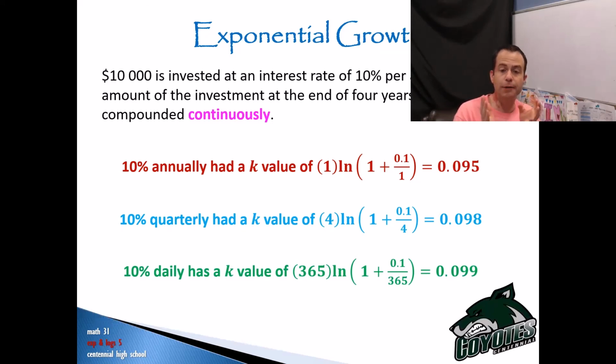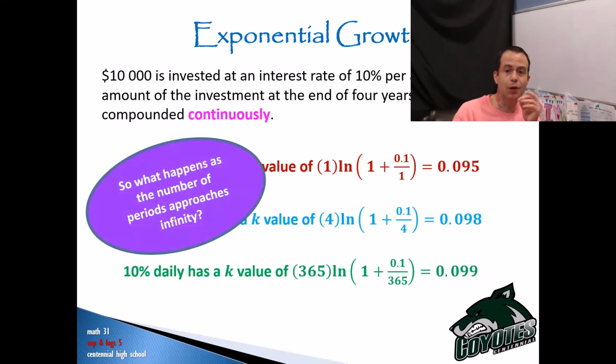Okay, so play around with that for a second. Just keep trying some numbers. Can you see a cap, I guess is what I want you to try and see. Okay, if you have a graphing calculator, you could also graph and try and figure it out that way. But what I want you to notice, what happens as the number of periods approaches infinity?